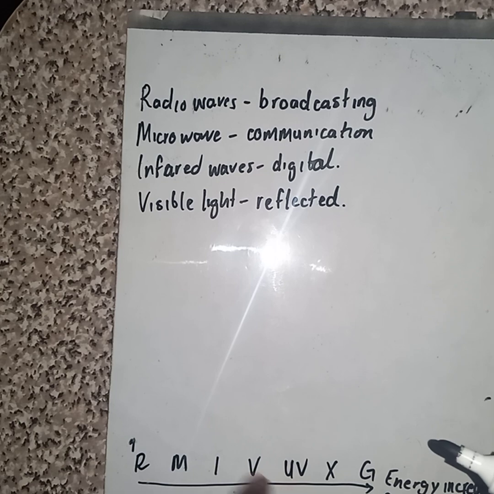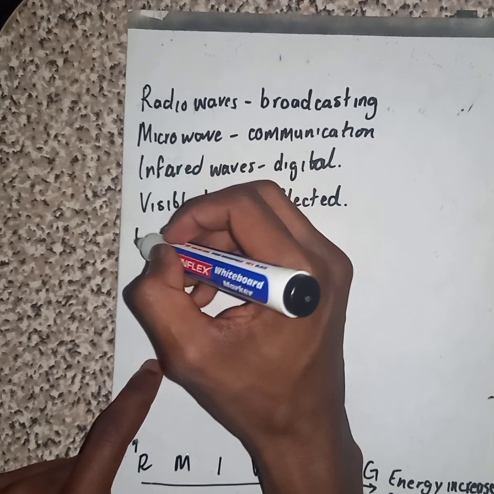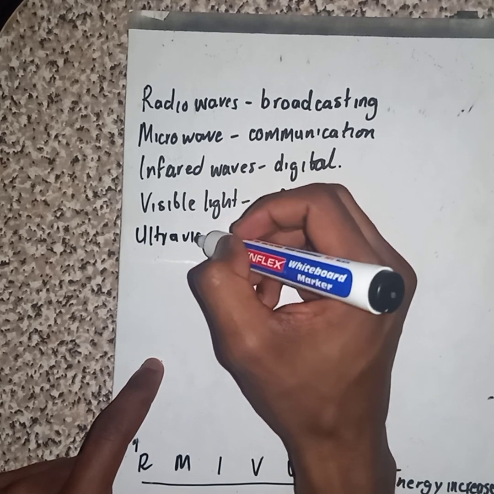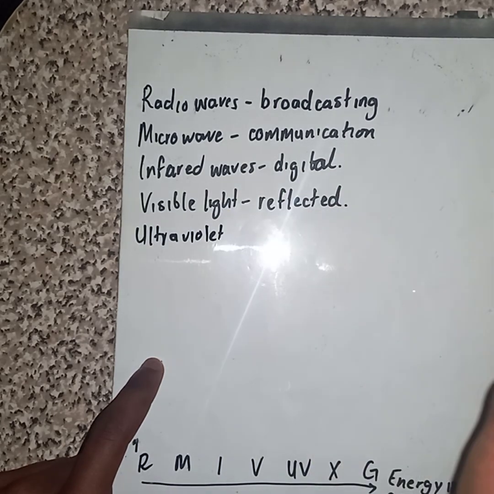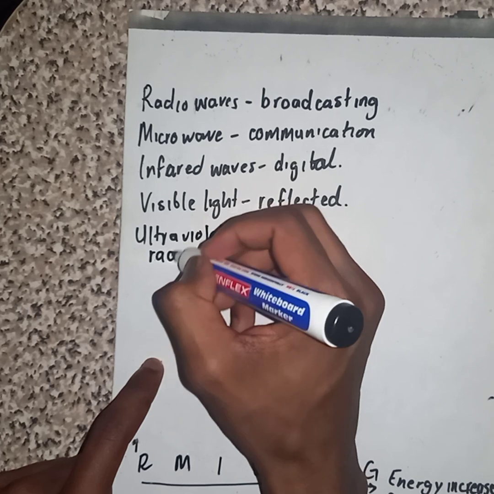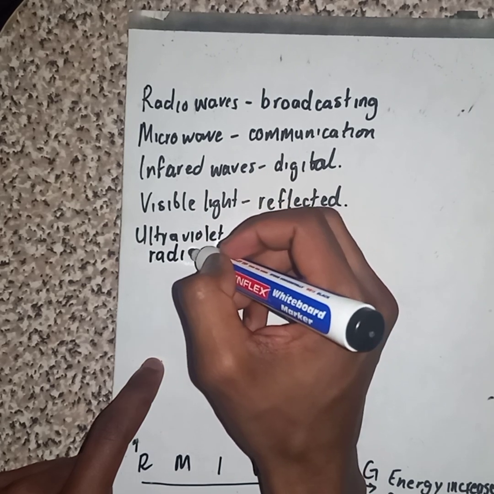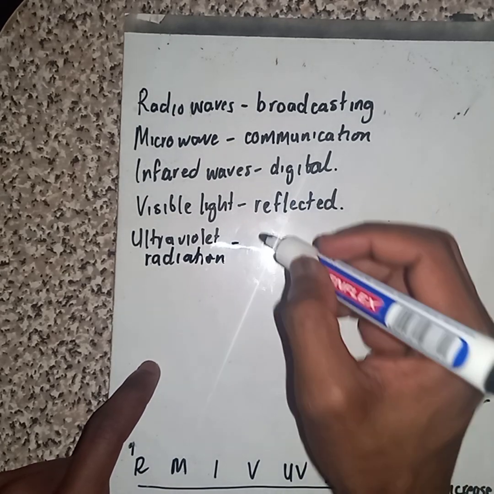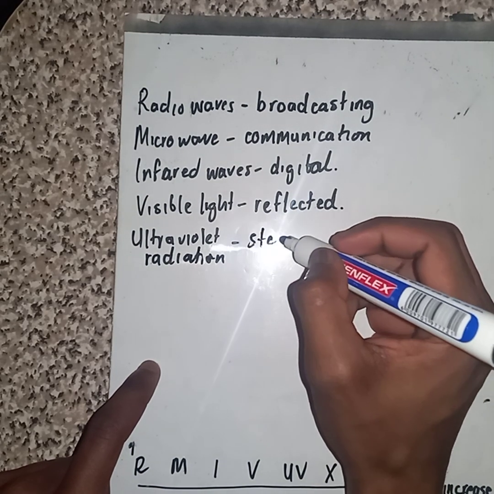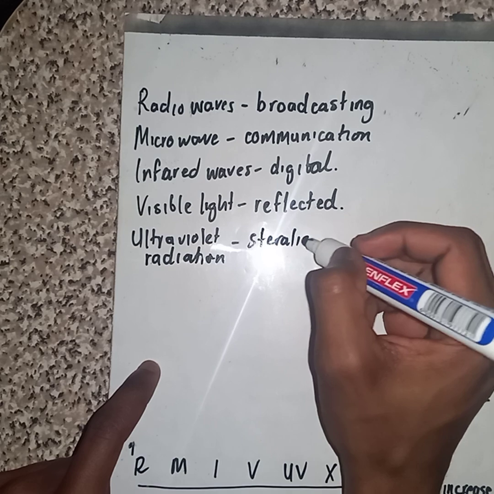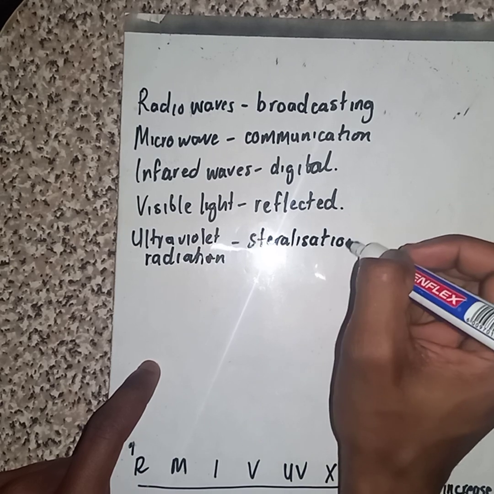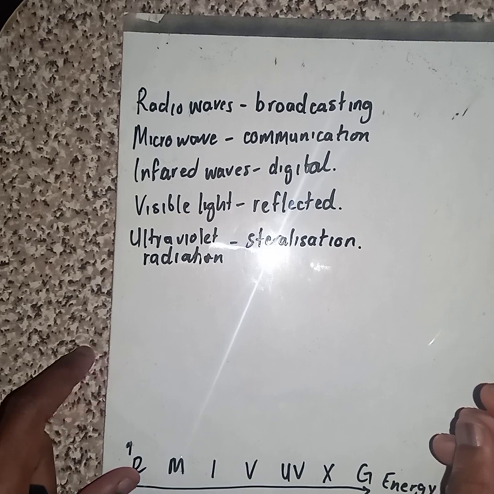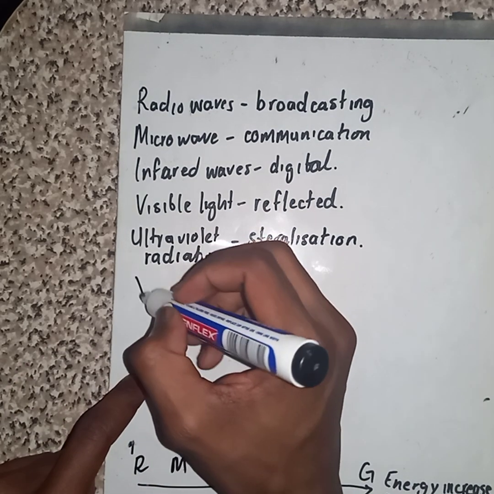Then we also have UV, ultraviolet radiation. It is used for what? For sterilization of equipment. We also have X-rays.